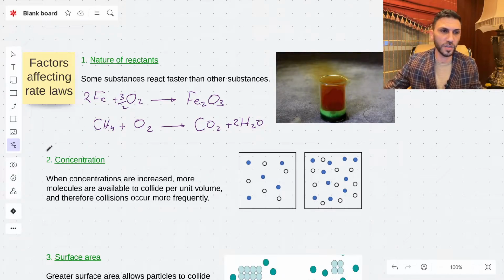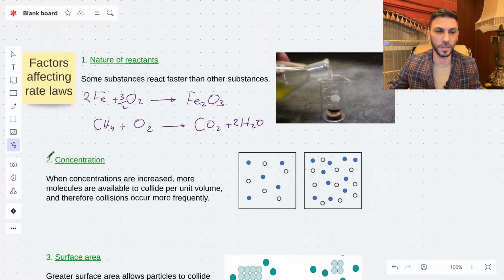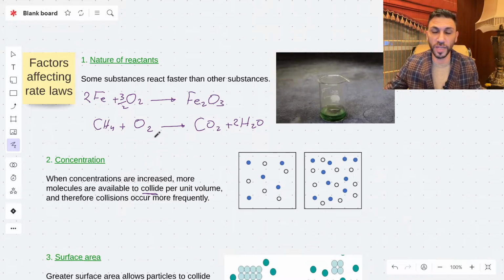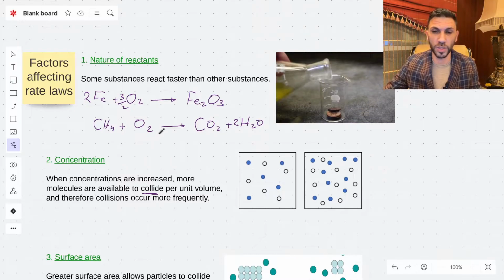The second factor that affects the rate of the reaction is the concentration. Because when the concentrations are increased, more molecules are available to collide. And we studied in the previous video that for any chemical reaction to occur, we need the collision between the particles.